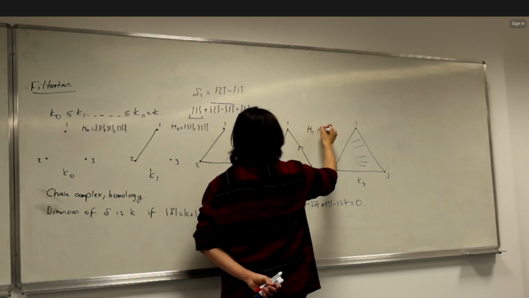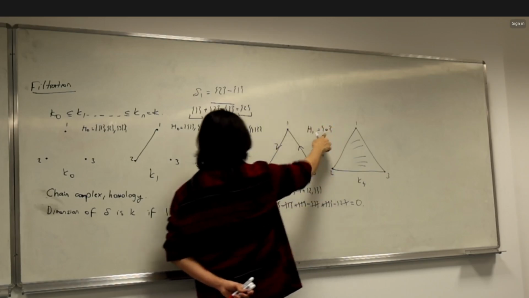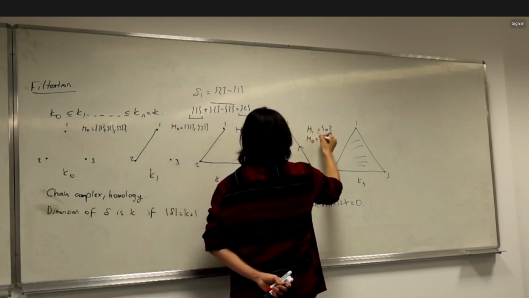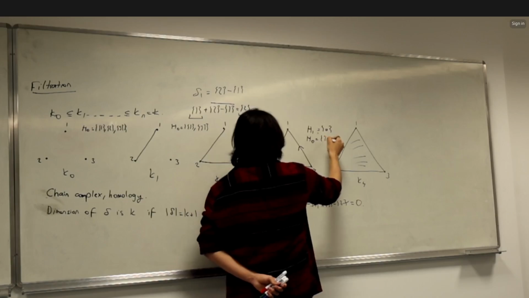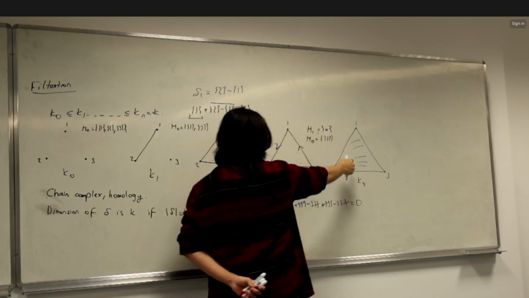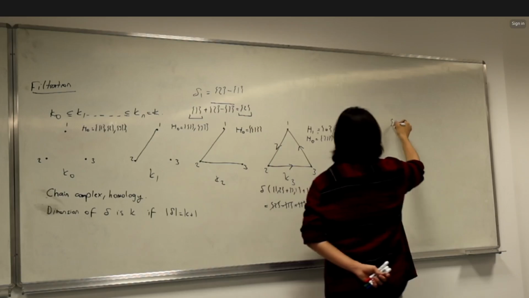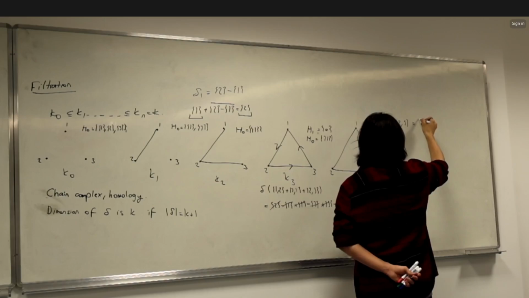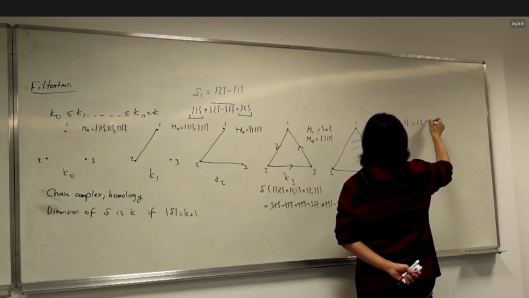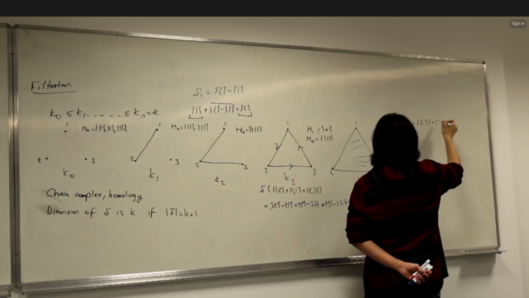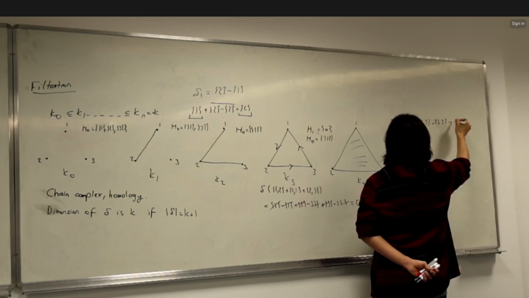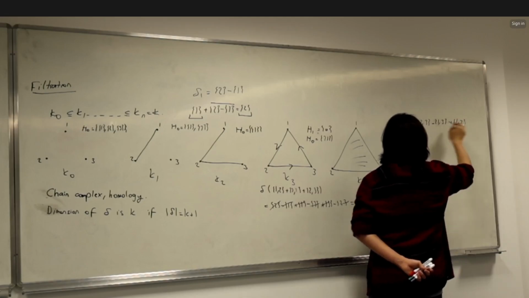So now H1 is this cycle right here, 1,2 plus 2,3 plus 3,1, and H0 is just 1. But when we add this 1,3 simplex, the boundary of this is 2,3 minus 1,3 plus 1,2.